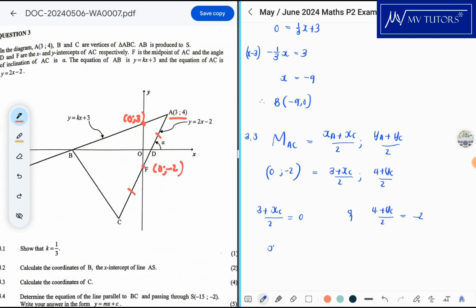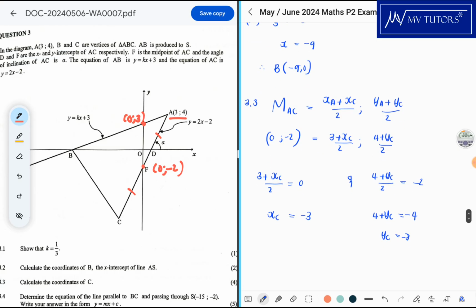So basically, x-coordinate of C will be negative 3. If we take 2 to the other side, 2 times 0 is 0. Then subtract 3, we have negative 3. And then here, we have 4 plus yC is equal to negative 4. So negative 4 minus 4, that's minus 8. So we can then say C is (-3, -8).